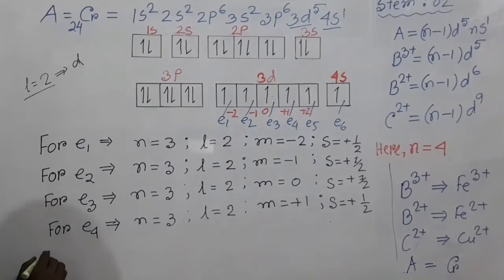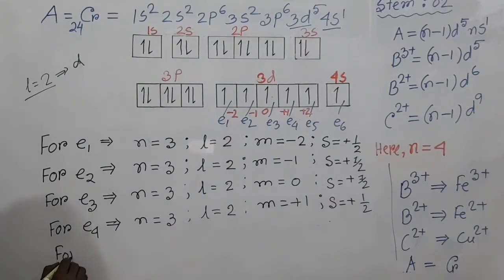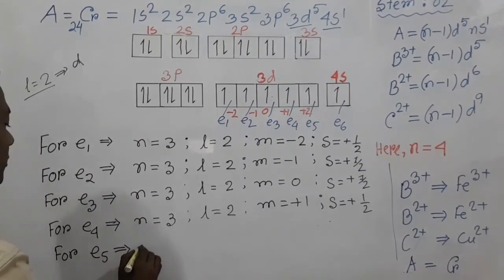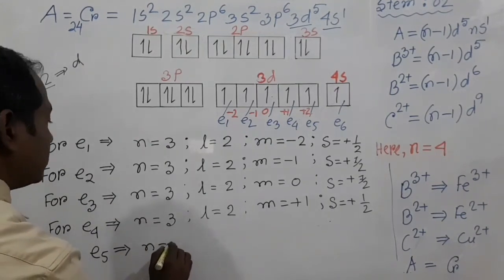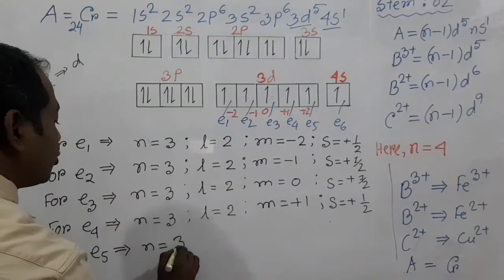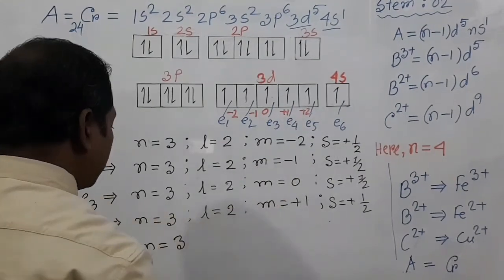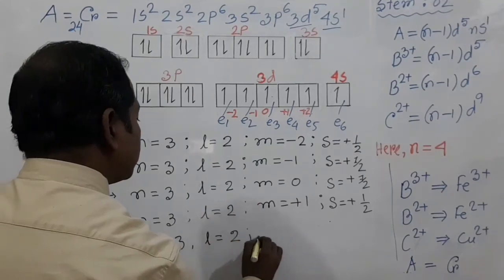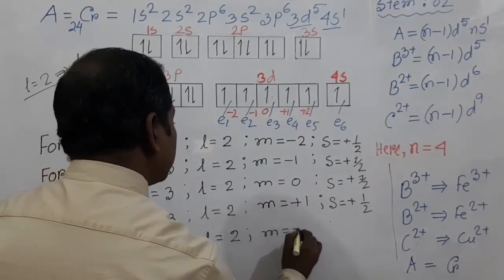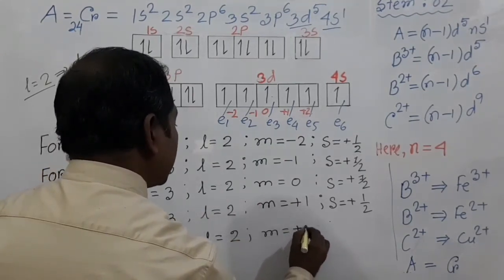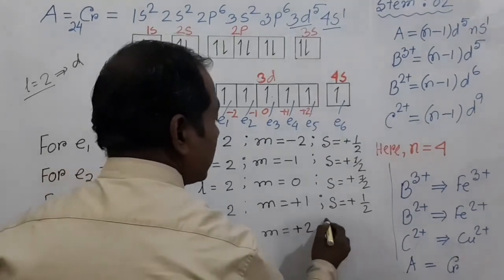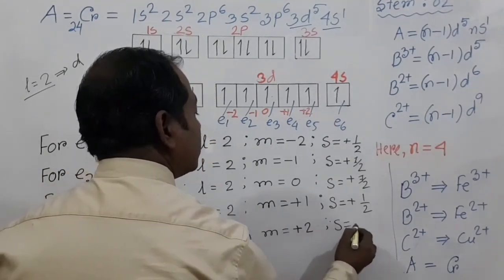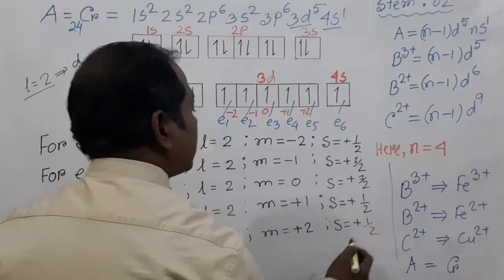And for E5, n equal to 3, this is the 5th electron, l equal to 2, m equal to +2 and s equal to +1/2.